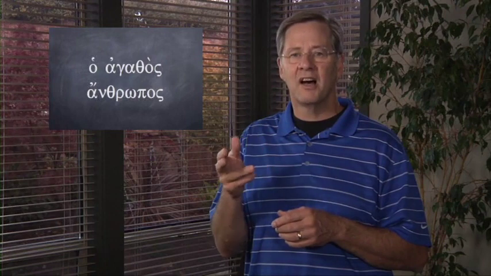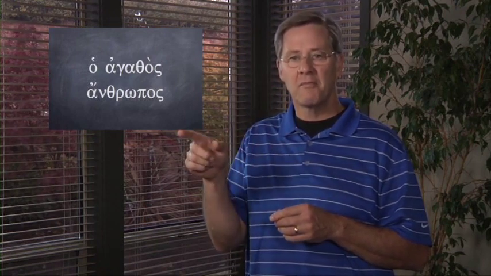Well, let's look at these. One option could be that the article is indicating that the following adjective is an attributive. And so, for example, if you were reading along and you saw ho agathos anthropos, you would translate it "the good man."